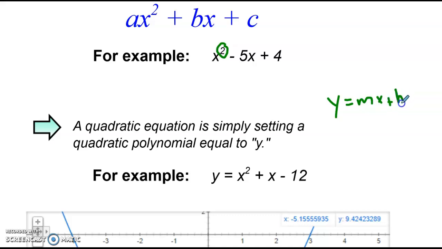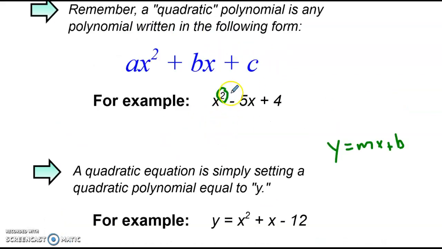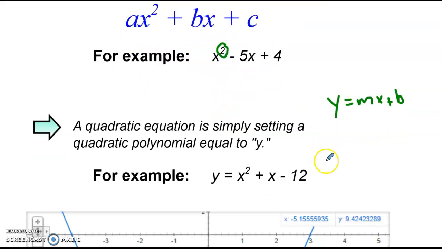Well, every quadratic graph, and I'm going to show you one in just a second, follows this format, where it's y equals x squared plus x minus 12. Or it could be anything, like y equals x squared minus 5x plus 4. But basically, you're just taking this same format and setting it equal to y. You're creating a function, essentially.